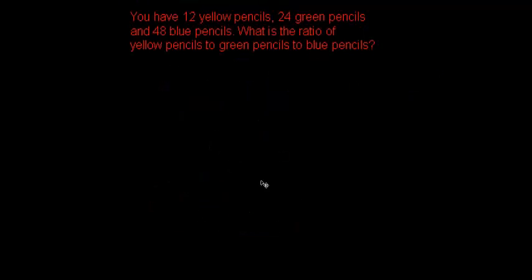Okay. You have 12 yellow pencils, 24 green pencils, and 48 blue pencils. What is the ratio of yellow pencils to green pencils to blue pencils? Now, this is the first time that we've seen three ratios in a row. So let's just think about how we would write 3 ratios in a row.